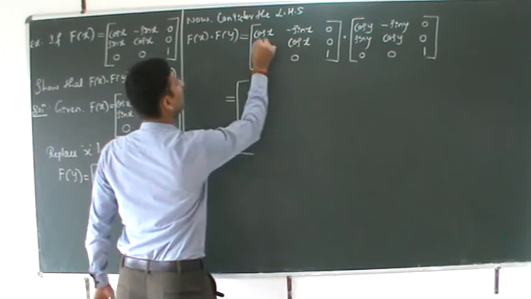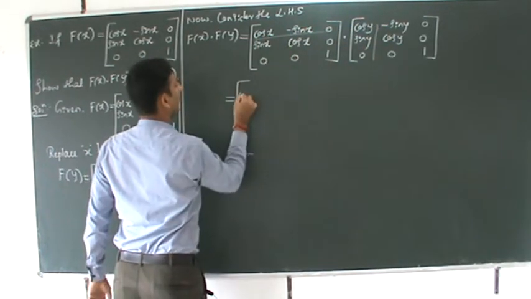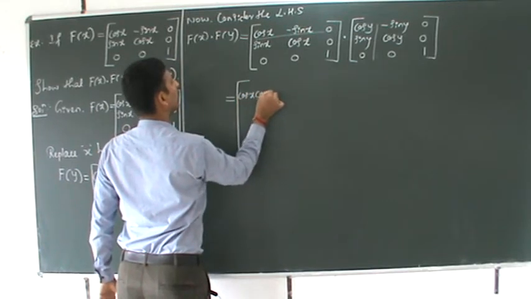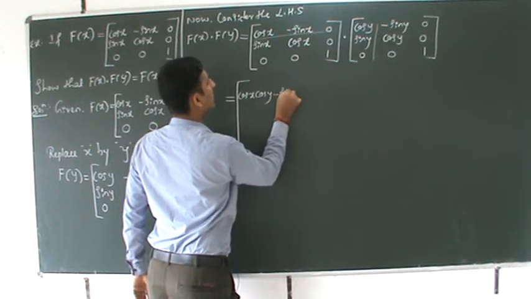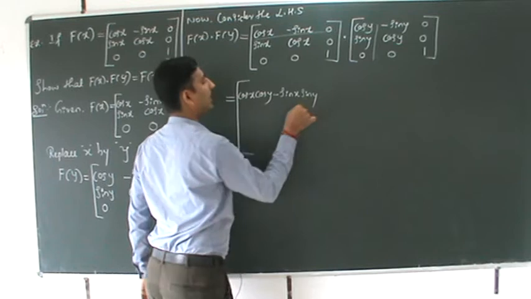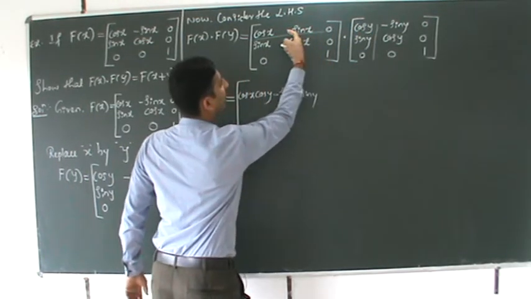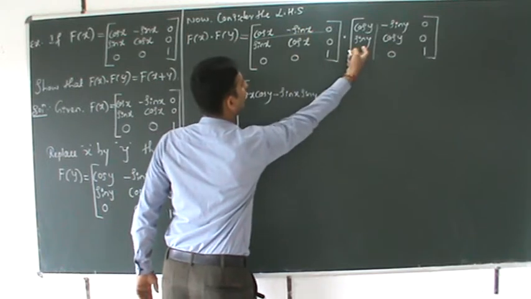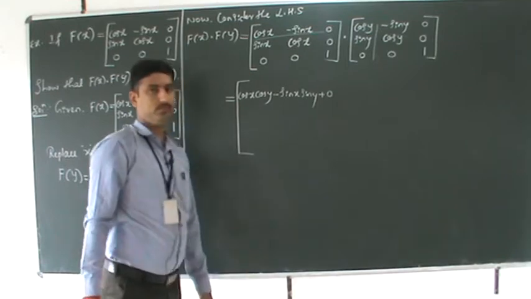What is the multiplication? First row, first column. Cos x into cos y, cos x cos y, minus sin x into sin y, then 0 into 0 becomes 0.